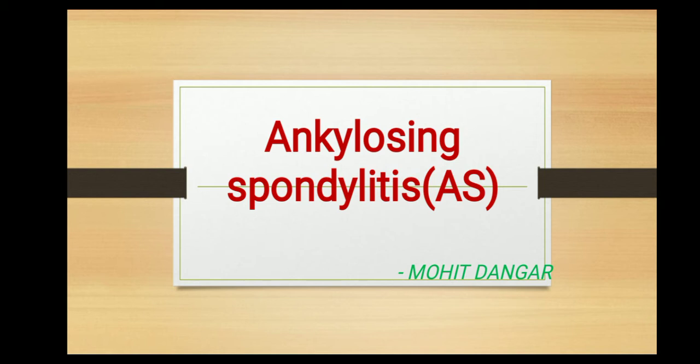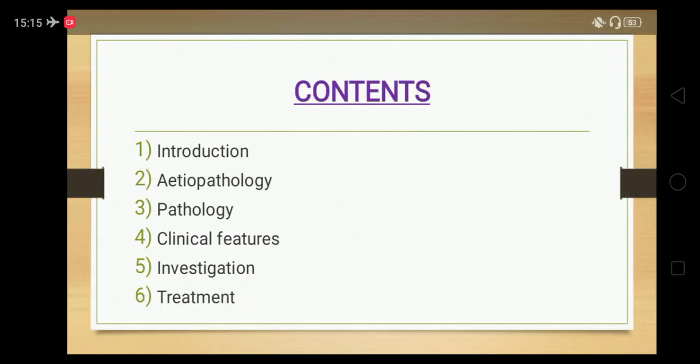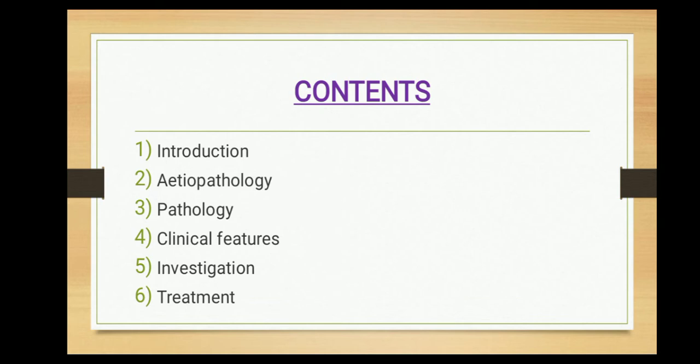So the whole term ankylosing spondylitis means inflammation of the spine which results in stiffness of the spine. Okay, so today's contents are the introduction, etiology, pathology, clinical features, investigation, and last is the treatment.